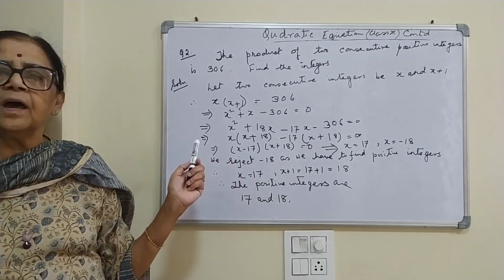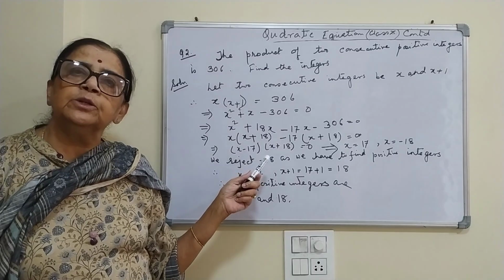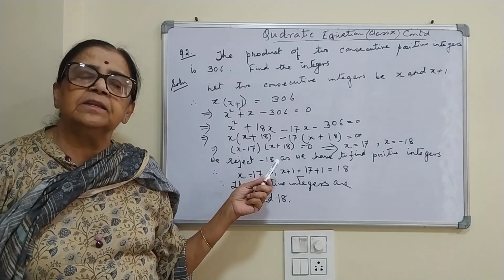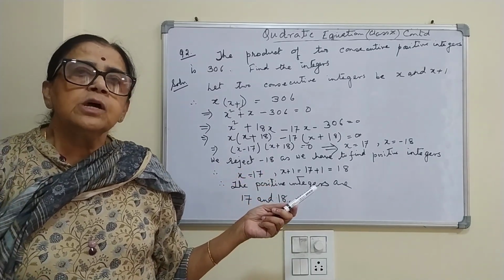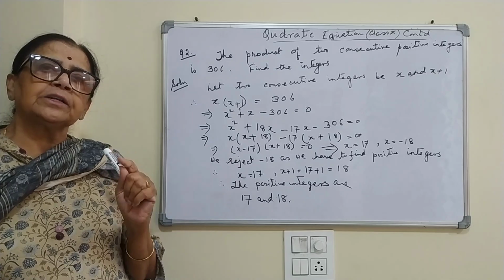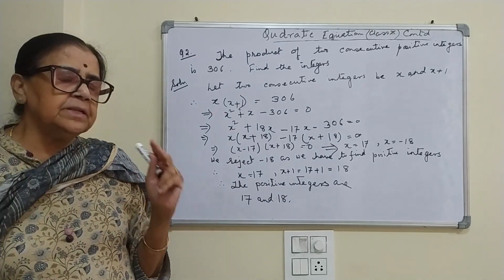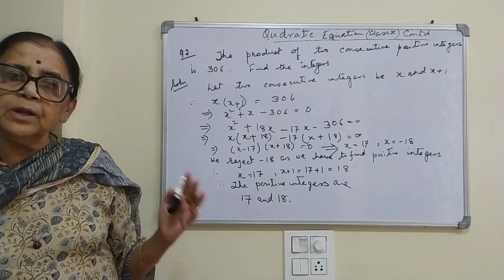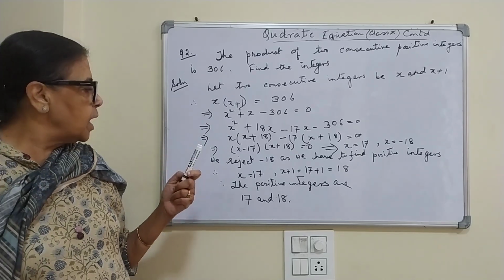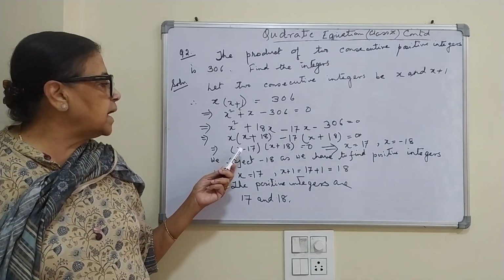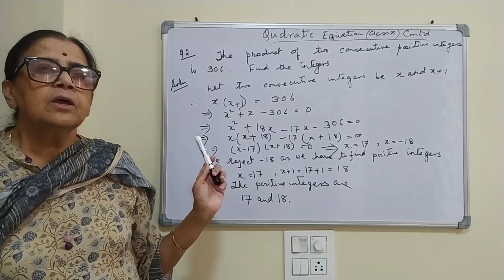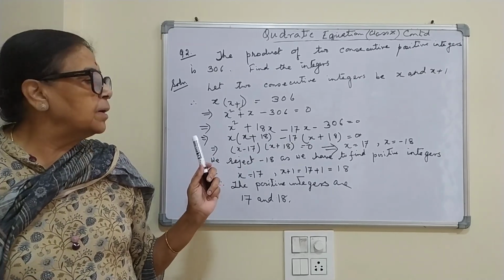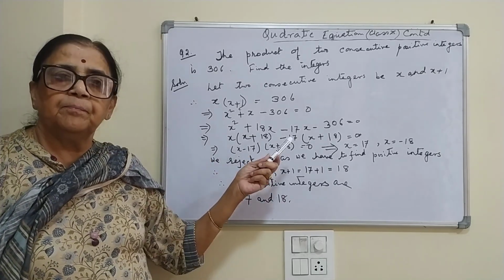The two factors are x minus 17 into x plus 18 is equal to 0. So the product of two factors is 0, that means one of them will be 0. So here x is equal to 17 or x is equal to minus 18.